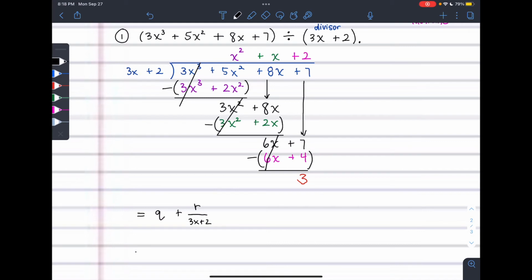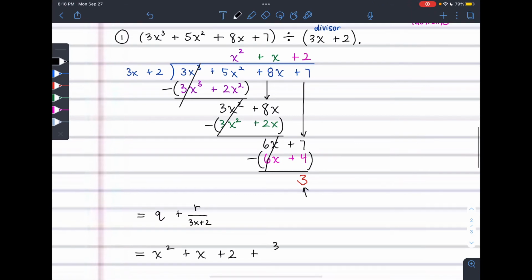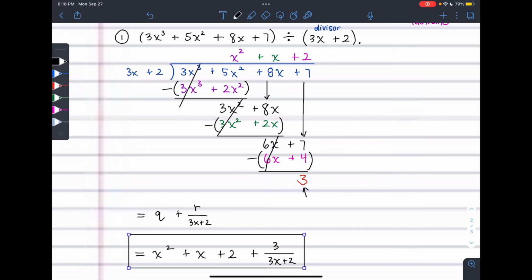So our quotient is x squared plus x plus 2 plus the remainder 3 over the divisor 3x plus 2. And this is our final answer. Yeah, we did it.